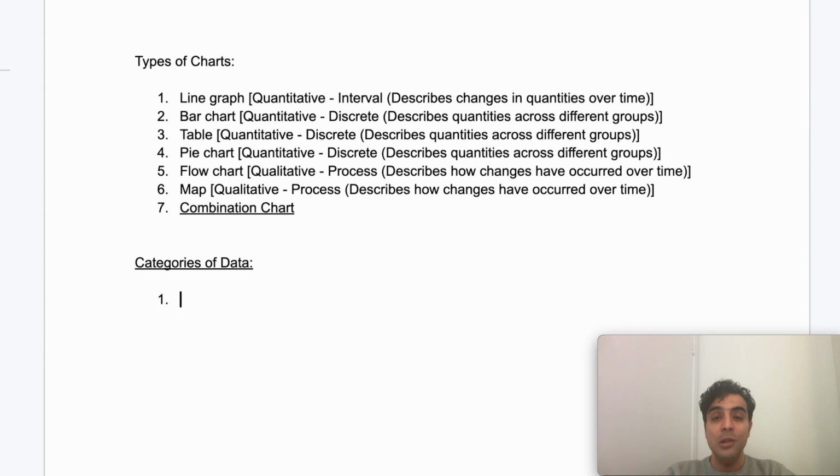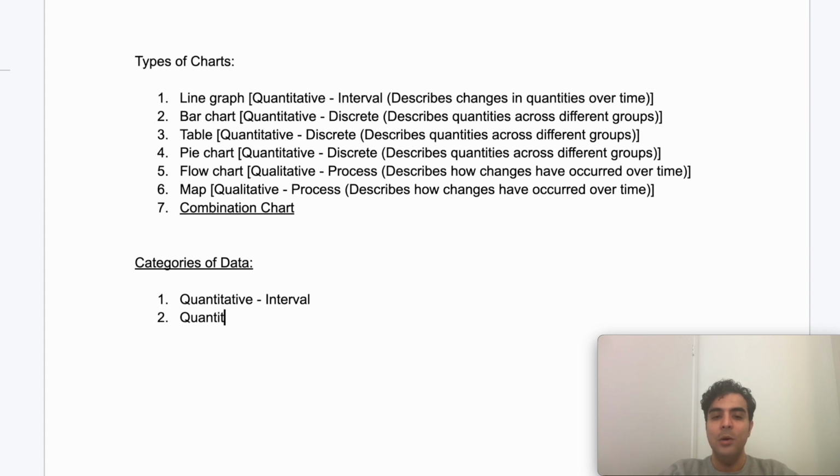Essentially, you need to learn to write 3 types of reports. 1, quantitative, interval. This is when you get a line graph or maybe a bar chart that shows variation across time on one of its axes, or maybe a table that has time for columns or rows. This essentially would require you to write a quantitative and interval report.